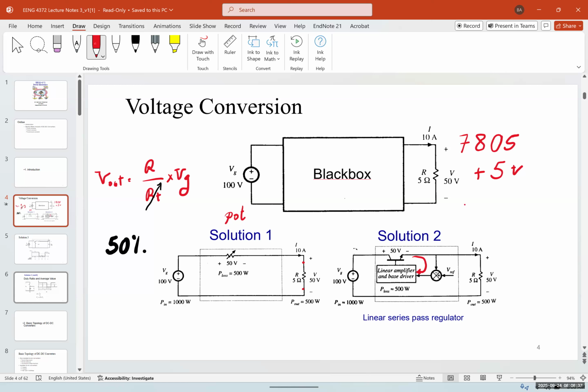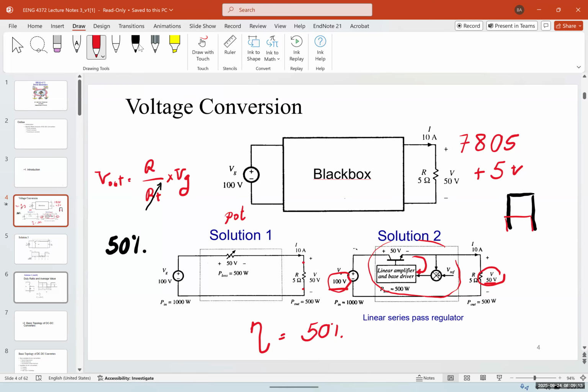Or if you have a 7850, a 50 volt regulator, the input is 100 volts and the output would be fixed at 50 volts. Again, the problem with this particular case is that the efficiency is around 50%, which is pretty low, meaning around 50% of the power is wasted in the voltage regulator itself. And voltage regulators, as you may remember, look like this.